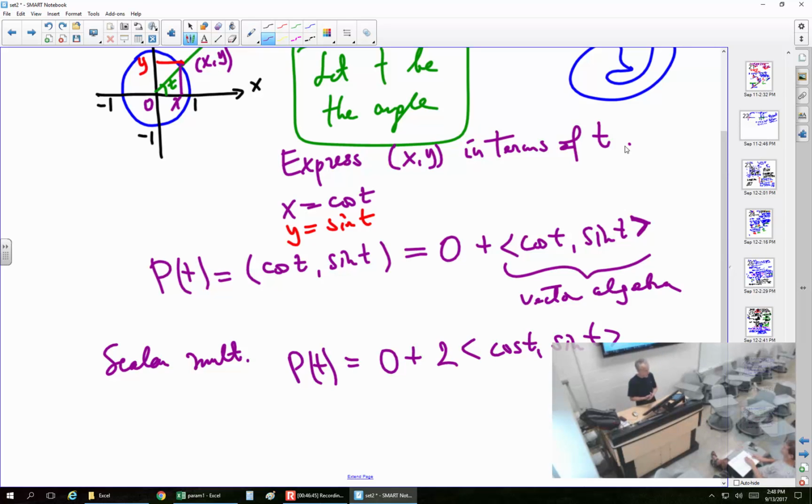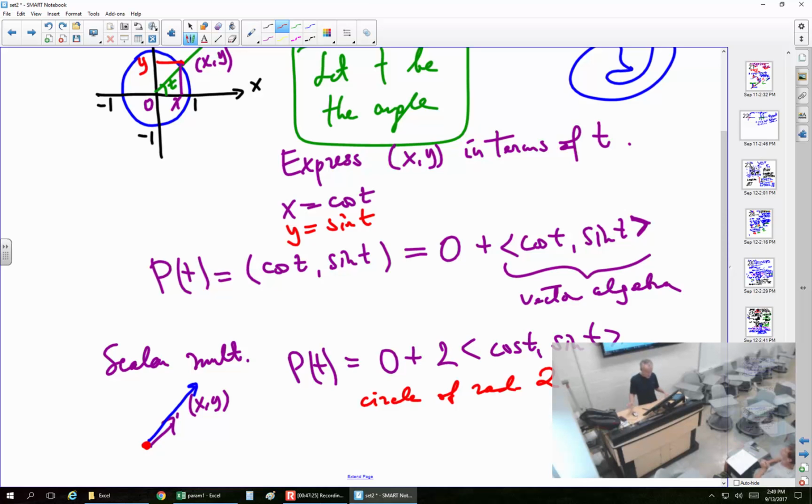It increases in magnitude by a factor of 2. So that vector, with the endpoint xy, becomes twice as long. What does it do to the circle? It increases the radius to 2. So this is a circle of radius 2. All it takes is to multiply the vector that defines our circle by 2.